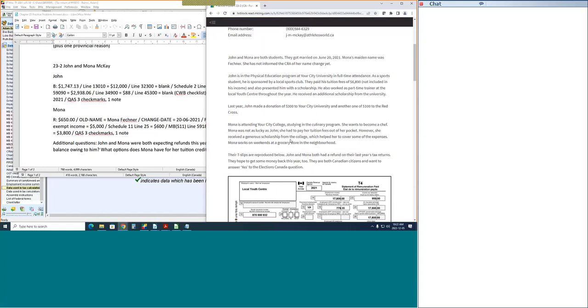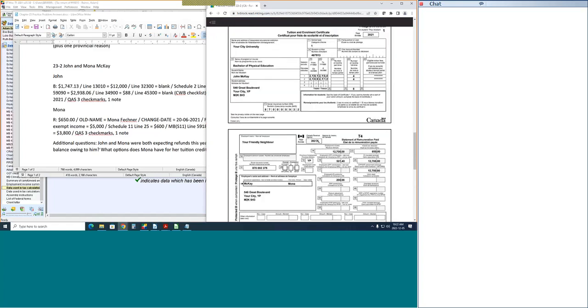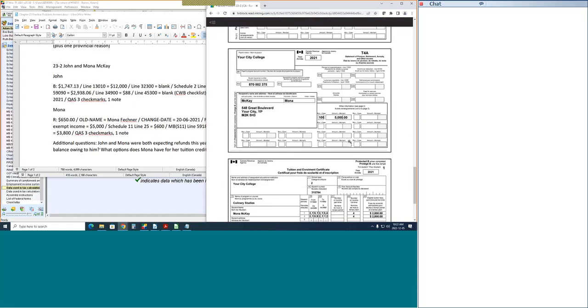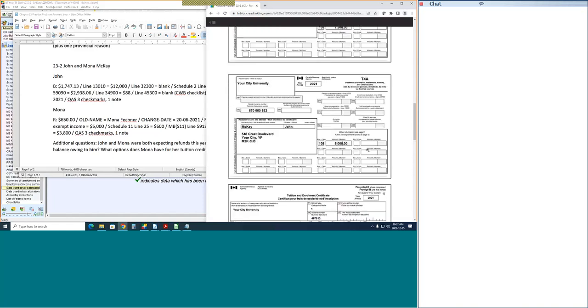Mona is a little bit more straightforward as a student, so I'm going to do her first. She paid her own tuition fees. She has a T2202, so we know that fees are to a Canadian organization. We know that she was full-time for 8 months. She can claim the tuition amount. She can claim the textbook and education amount in Manitoba. She can claim the extra portion there.